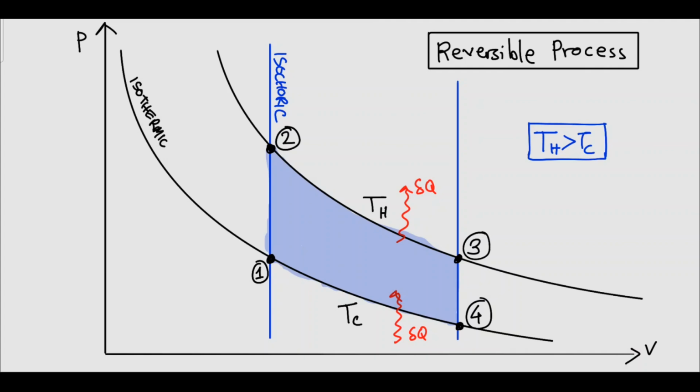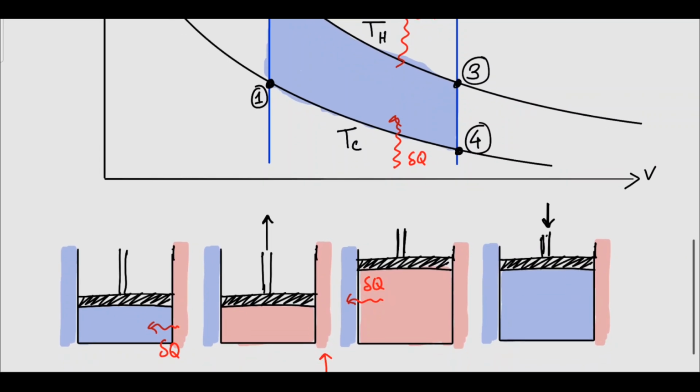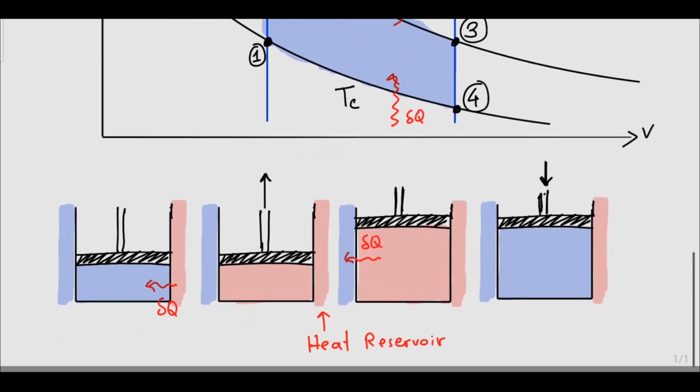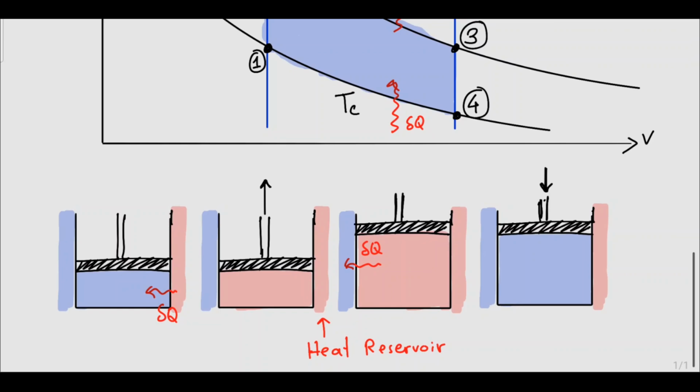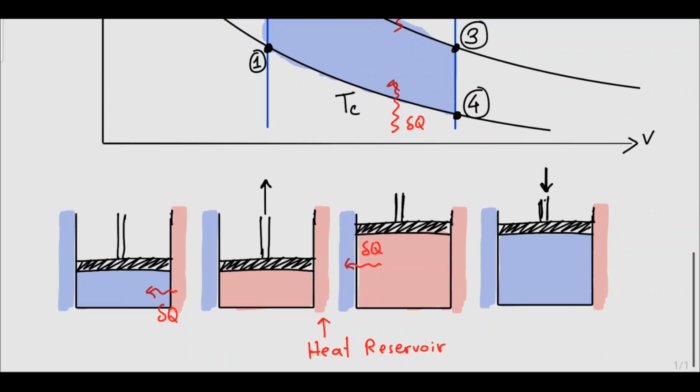Right, if we analyze this now with the help of a diagram of such an engine, a Stirling engine, let's say, we see that in the beginning we have, so this is basically part 4 to part 1, whereby we see that an ideal gas is compressed and it is cold, and right now it is receiving heat from a heat reservoir, which is denoted by the red, and the colder reservoir is then on the left with blue.